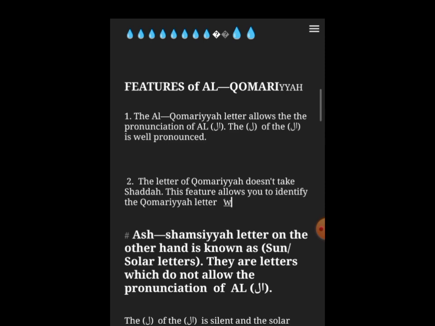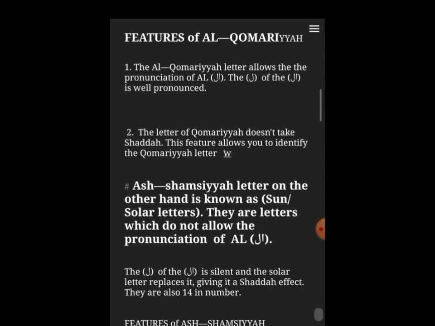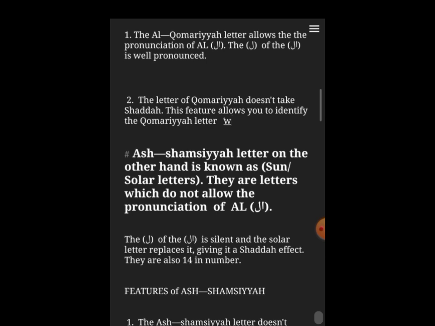Now, let's talk about Ash-Shamsiyya. Quickly, Ash-Shamsiyya, the sun or solar letters, are letters which do not allow the pronunciation of al. I mean, the lam of al will not be pronounced. Why? What happens is absorption.